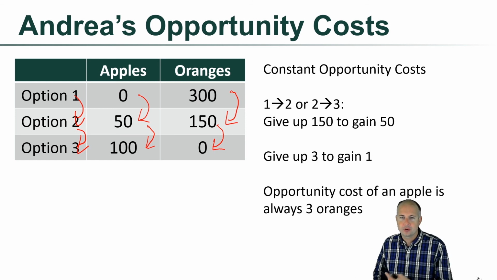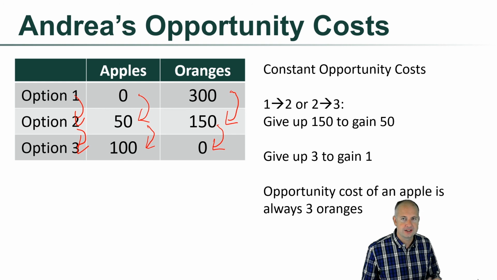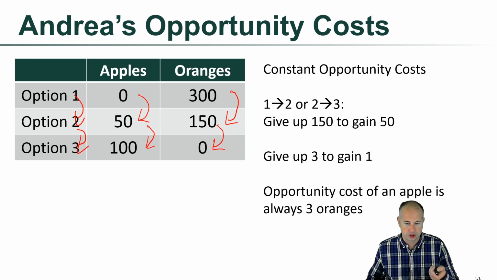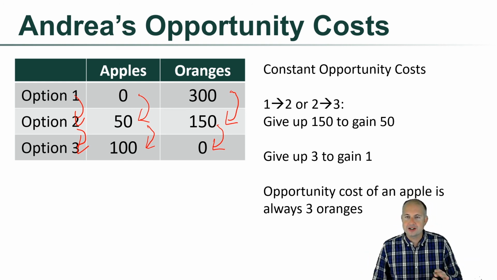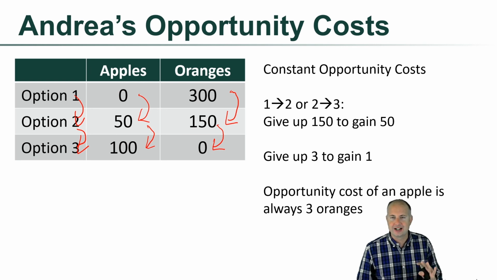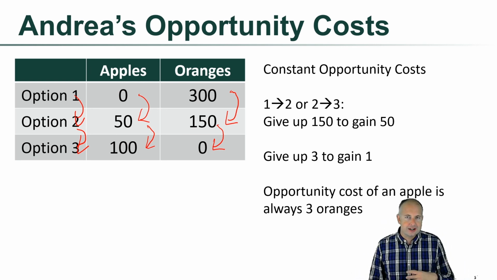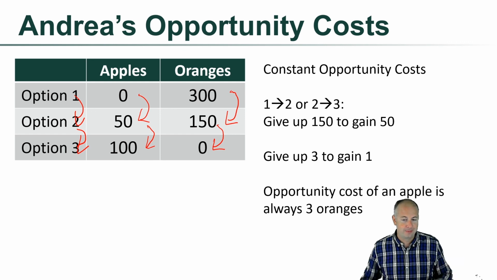On the other hand, if I'm growing lots of oranges and the only thing left for me to do is try to put some orange trees in Michigan, well, that's not good. That's going to be a high opportunity cost because Michigan is not weather appropriate for growing oranges. However, for what we want to do, we're okay with assuming constant opportunity costs. Essentially, the reason we're okay with that is if I adjusted the model so that opportunity costs change, we would still get the same result. It would just make the math a lot more confusing.